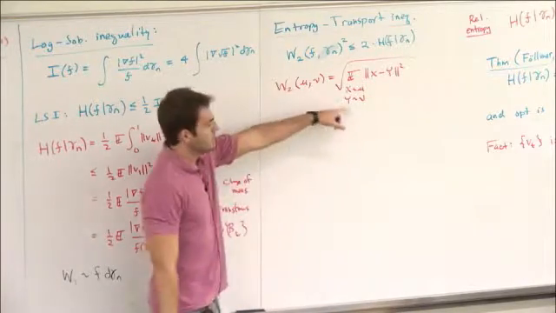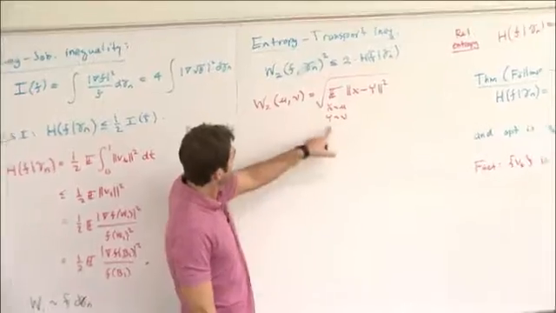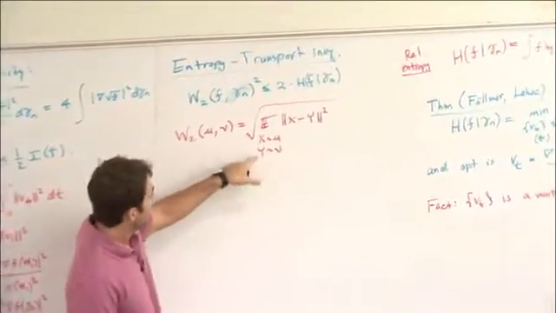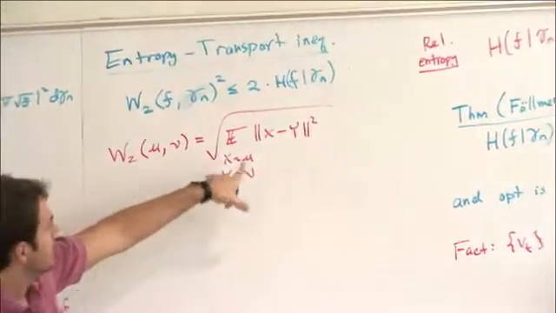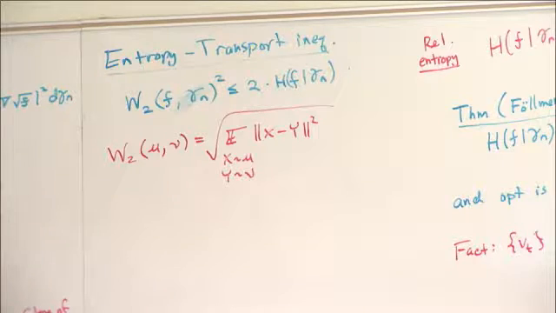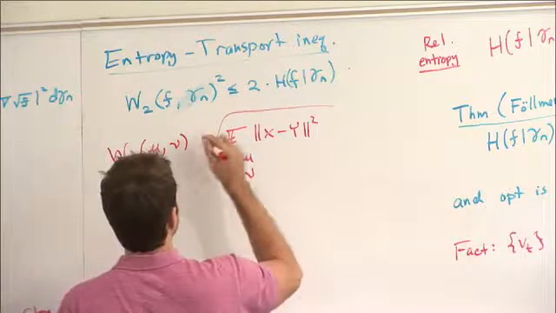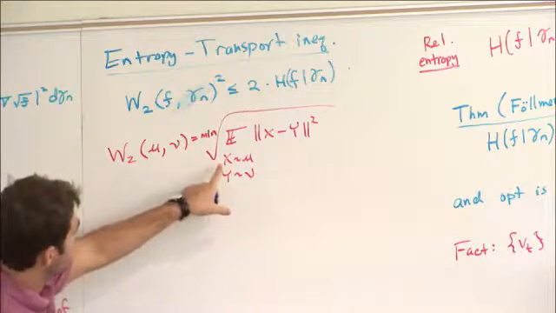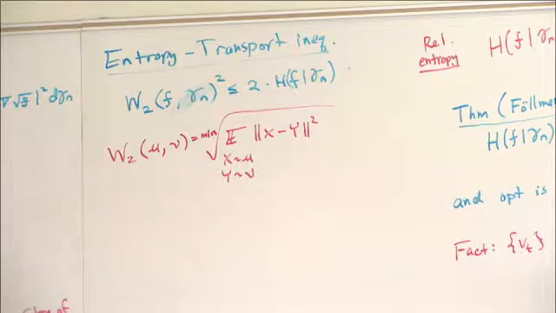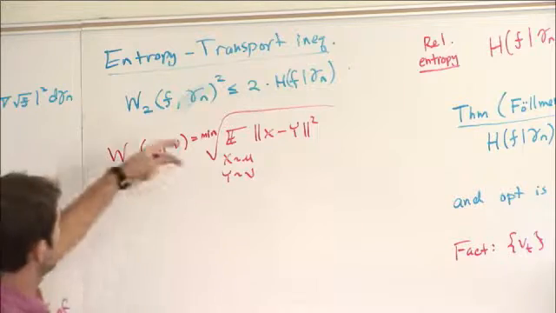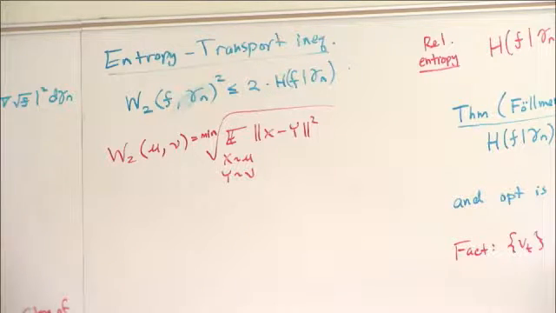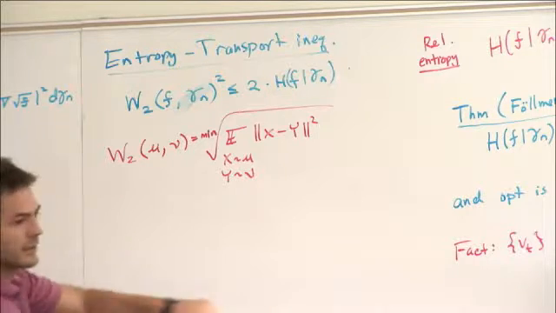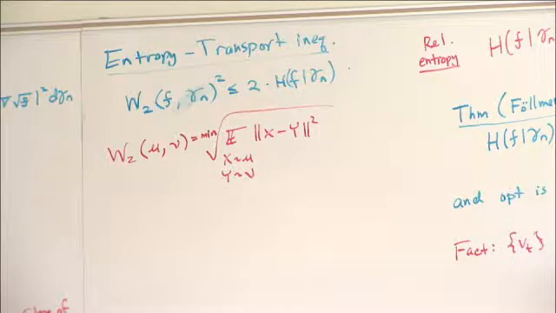You look at all random variables that are distributed according to mu and nu respectively, then you take a coupling between them. This is on a product space, and you look at the minimum distance here. Equal to the minimum over the best coupling between mu and nu. You can also think about them as piles of mass. It's the least Euclidean distance you need to move the pieces of mass so that you move the Gaussian mass to f.